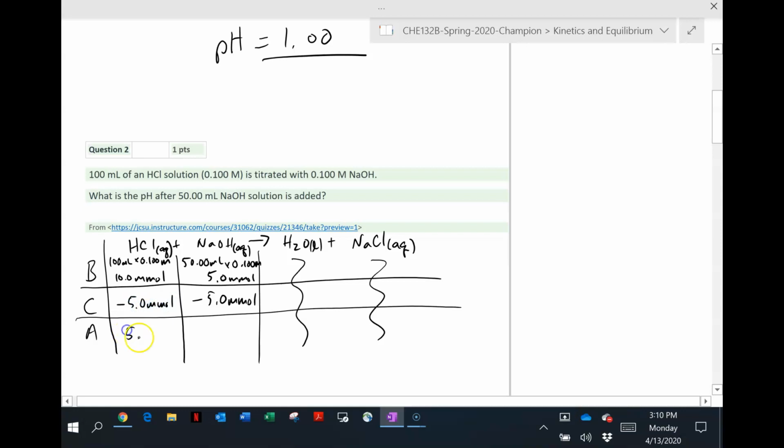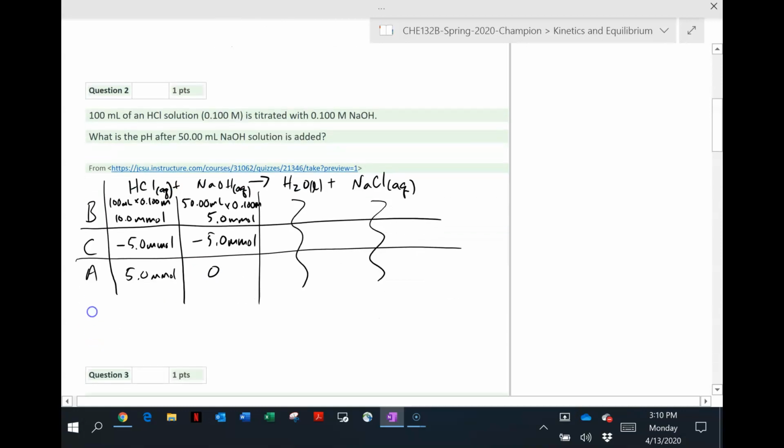That'll leave me 5 millimoles of the HCl and 0 millimoles of the NaOH. So at the end of this, I've got an HCl solution that has 5 millimoles, and that 5 millimoles is now in 100 plus 50 milliliters, so 150 milliliters.